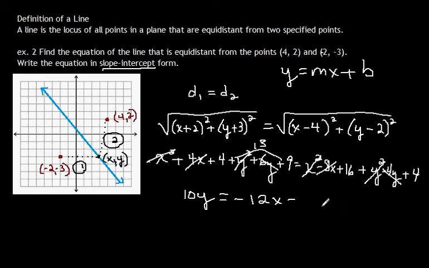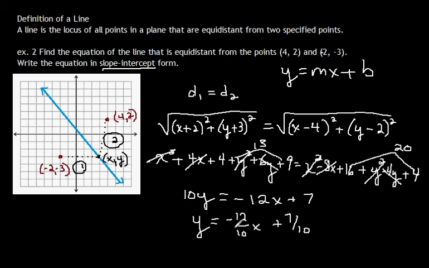Something says I might have gotten that wrong. Oh, I forgot, I didn't add these together, there we go, 20. So I'm going to get 7, plus 7. And then I'm going to divide everything by 10, and I'm going to get y equals negative 12 tenths x plus 7 tenths.